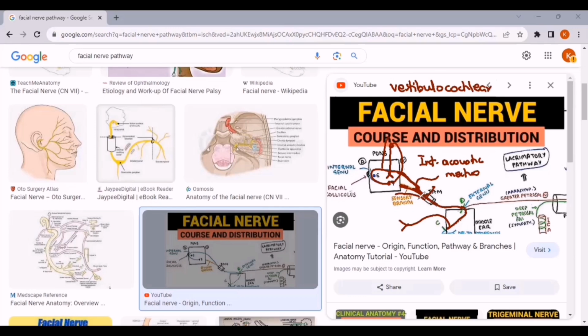So if there is a tumor from the vestibulocochlear nerve, do you think it can compress on the facial nerve? Hello? Hi, Doc. You think a tumor from the vestibulocochlear nerve can compress on the facial nerve? Yes, because it travels with the facial nerve within the internal acoustic meatus.